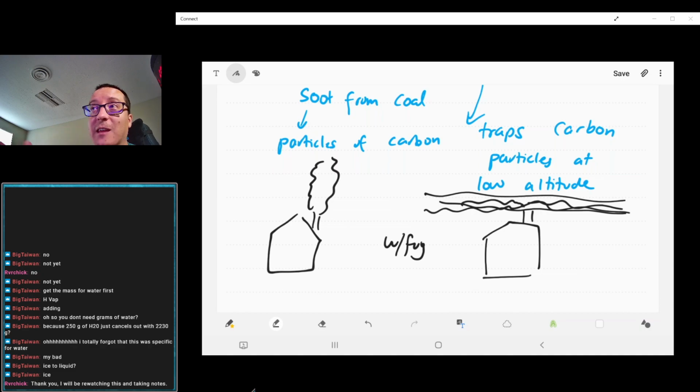Since we're adding more and more smoke in there, and there's nowhere for that smoke to go, it stays there. And as a result, there were periods in London with heavy fog episodes for a couple of days, and people would actually just die from being outside, from breathing in all that soot.